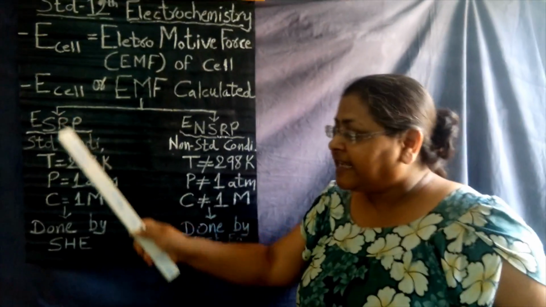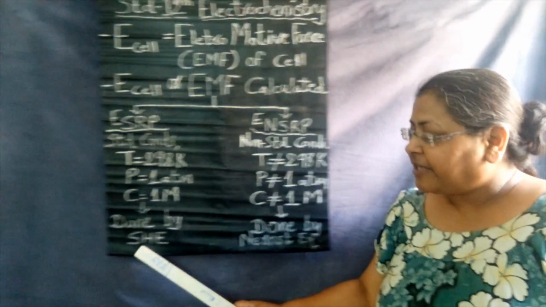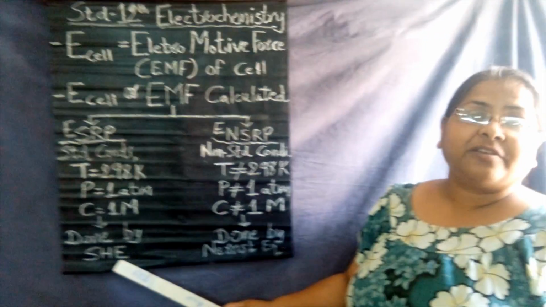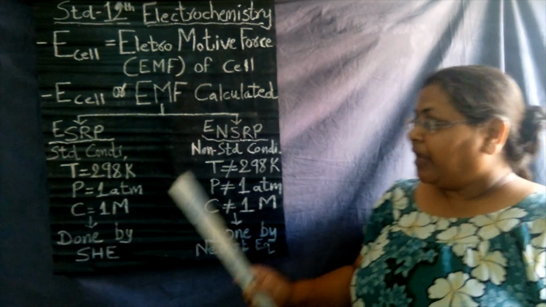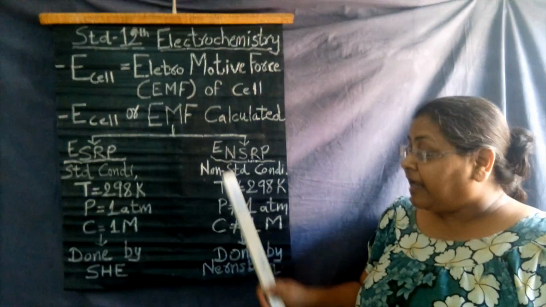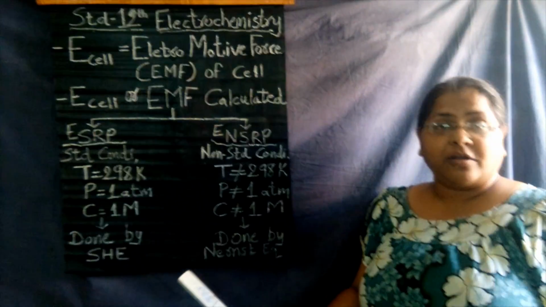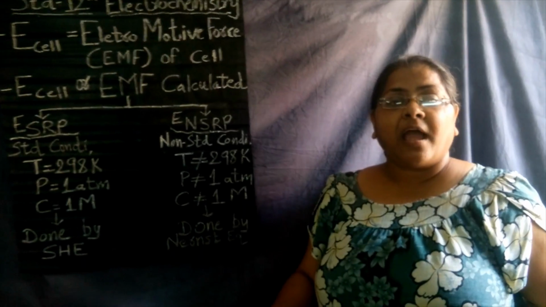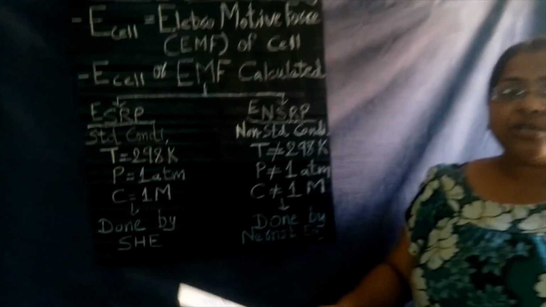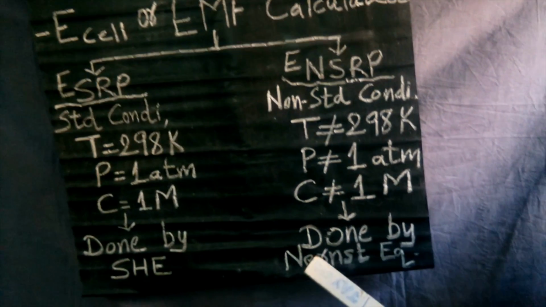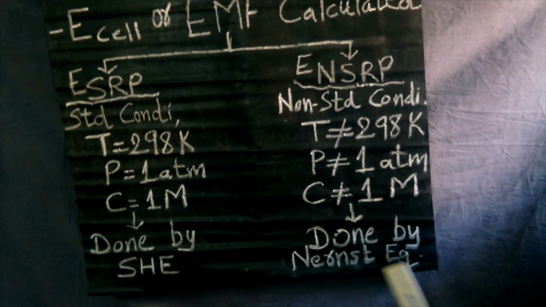It is very easy, as IUPAC has given SHE as a device to calculate standard reduction potential. But to calculate non-standard reduction potential, we need one more methodology, which was given by the scientist Nernst. Whatever pronunciation you give it, it is calculated by the Nernst equation.